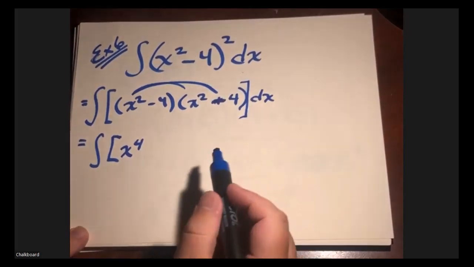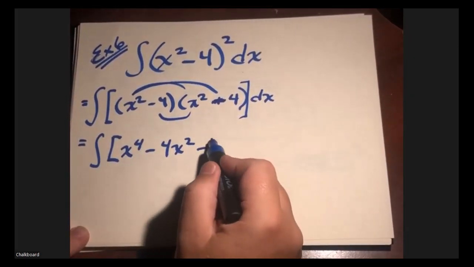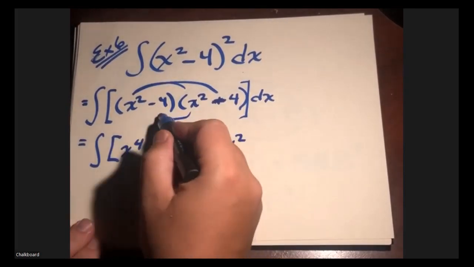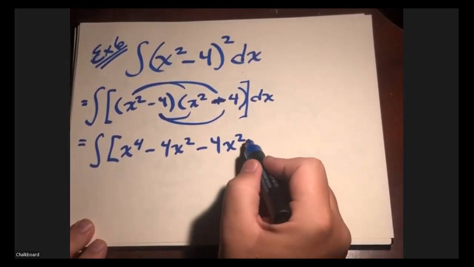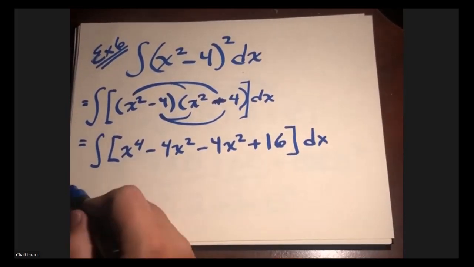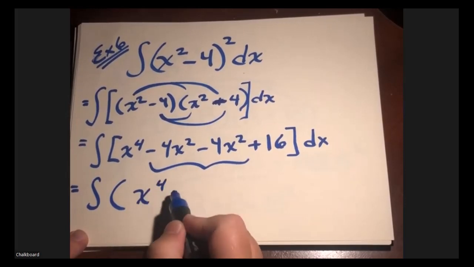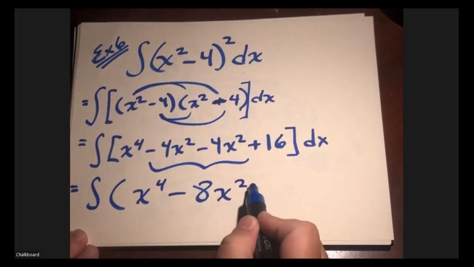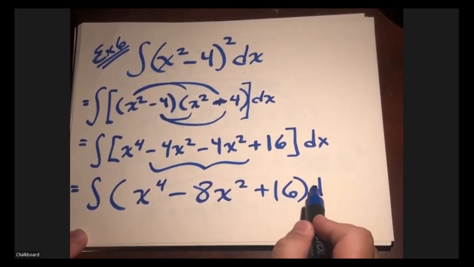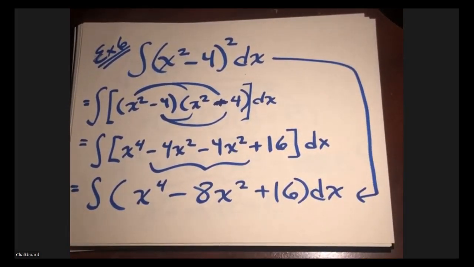X squared times minus 4 is minus 4x squared. Minus 4 times x squared is minus 4x squared. And last but not least, minus 4 times minus 4 is plus 16. Now, if we combine these two, it becomes x to the fourth minus 8x squared plus 16 dx.